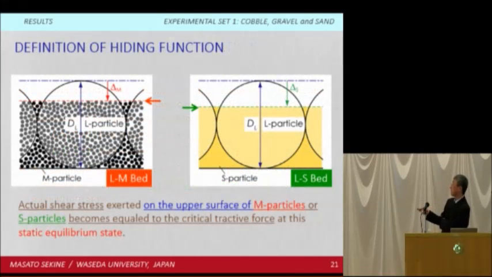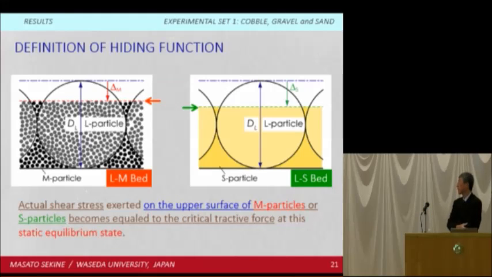Here you can see the static equilibrium state of the LM bed, L particles, and a small dot denotes the M particles. In the right figures, you can see the static equilibrium state of the LS bed.